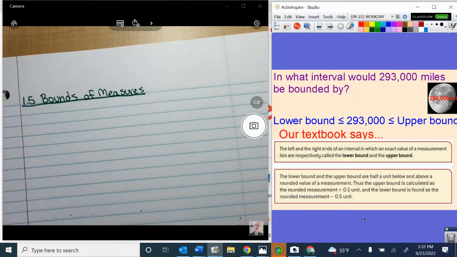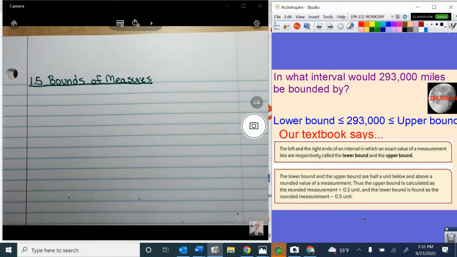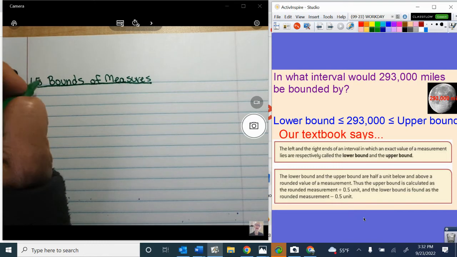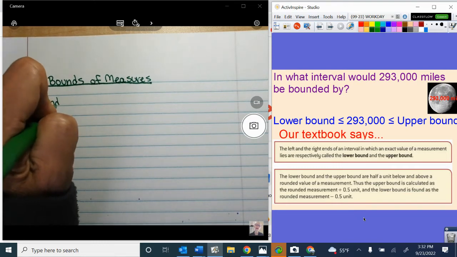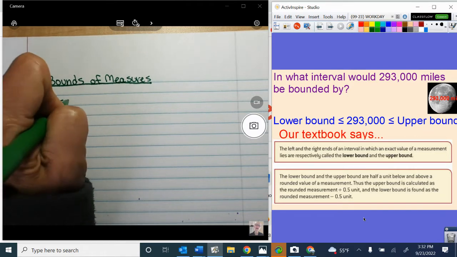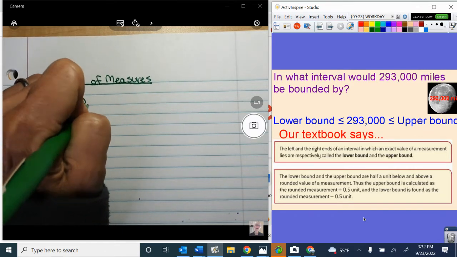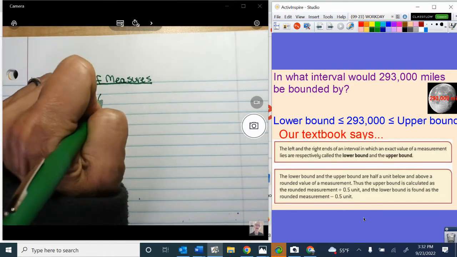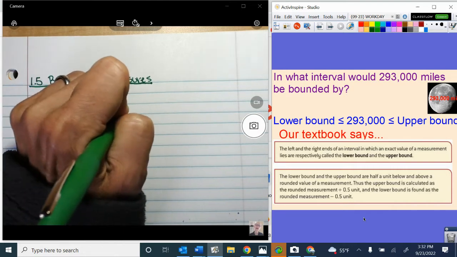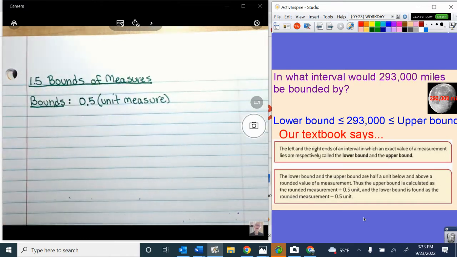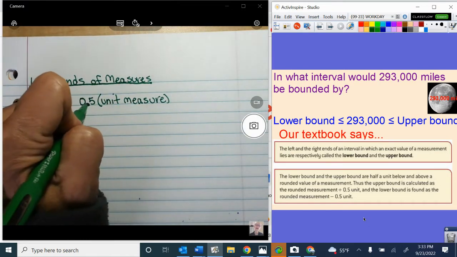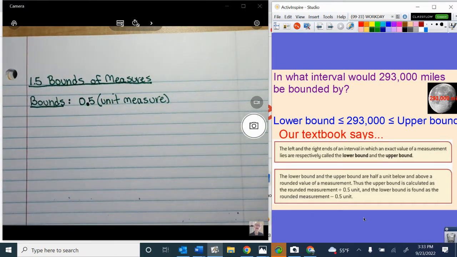Okay, so what we want to add is a little bit of notation. So bounds: what we do is take half of the unit measure. That's the first step. So whatever the unit is, multiply it by a half.